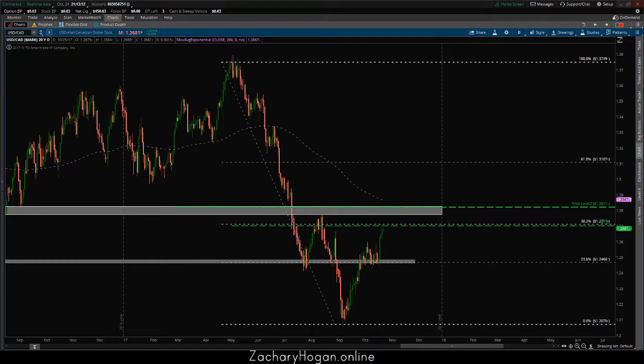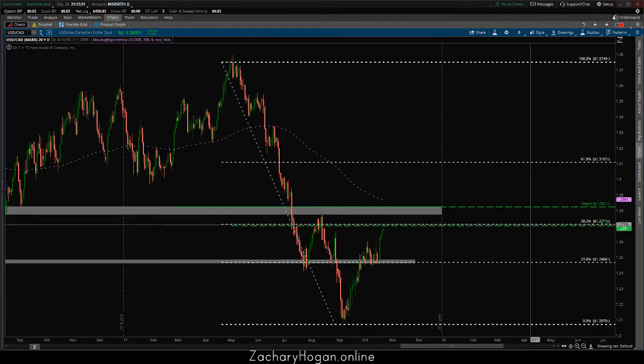It's around the top of our zone. From where price is right now, we're looking at about 140 pips away. So we have an ideal target in mind, but where exactly are we looking to enter?